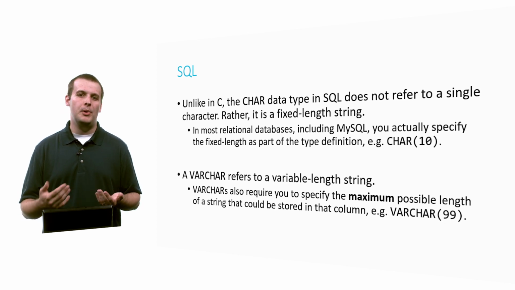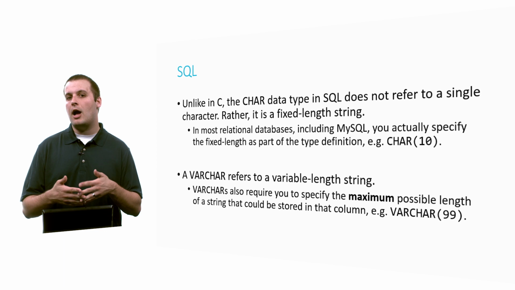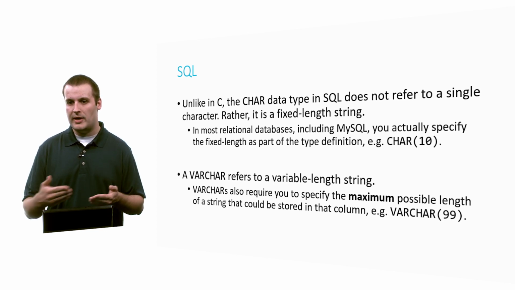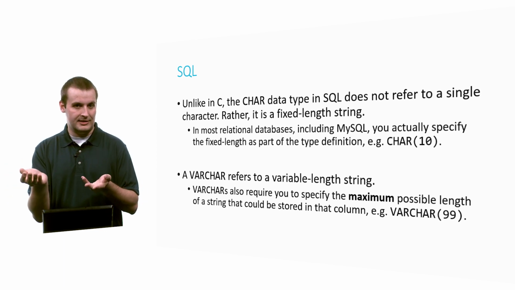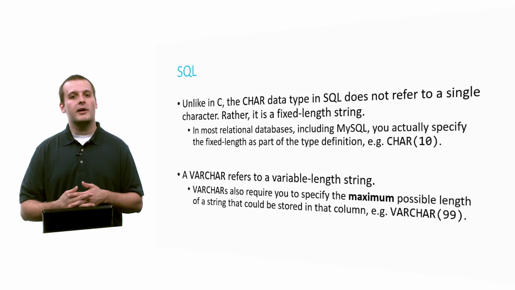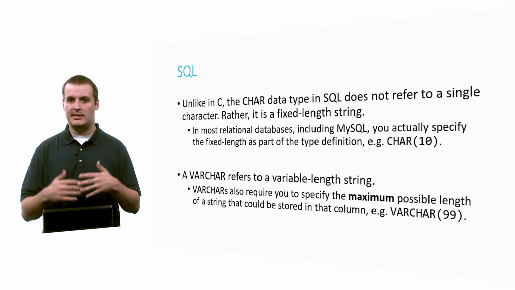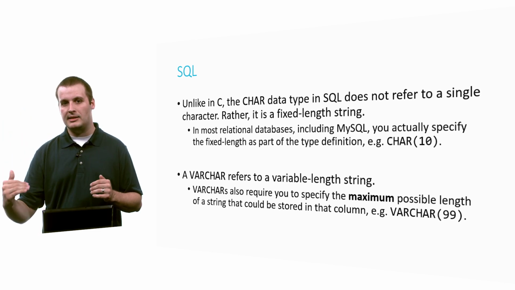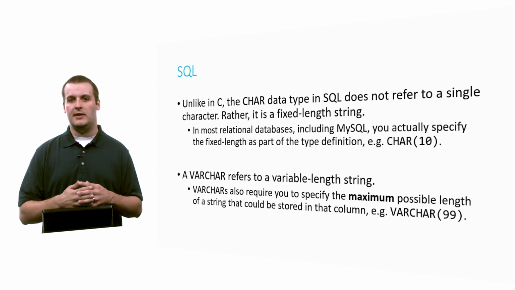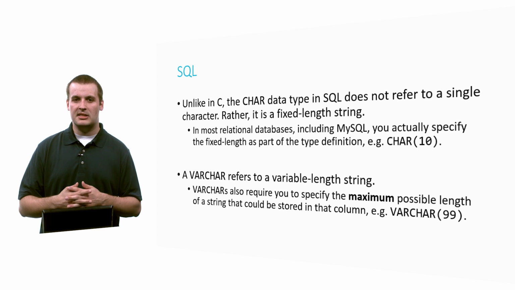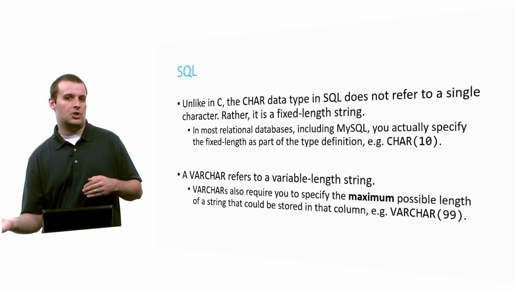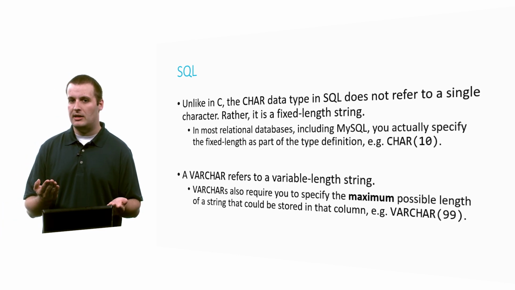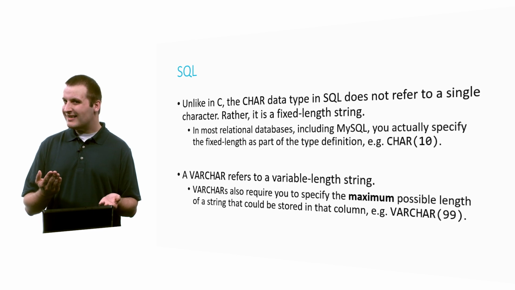So why would we have both? Well, if we need to figure out how long something is with a varchar, we have to kind of iterate across it, just like we did in C, and figure out where it stops. Whereas if we know that everything in this column is 10 bytes, we can jump 10 bytes, 10 bytes, 10 bytes, 10 bytes, and always find the beginning of a string. So we may have some wasted space with a char, but maybe there's a trade-off of having better speed navigating the database.